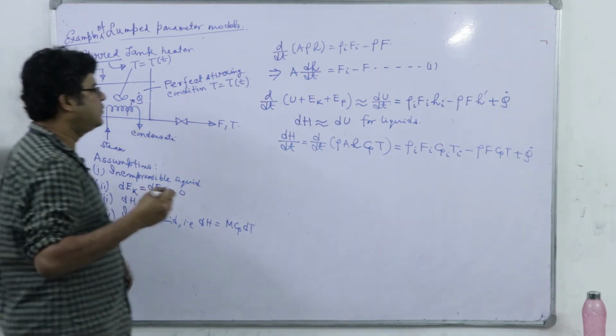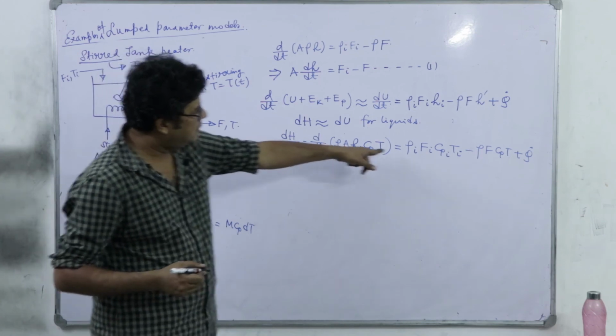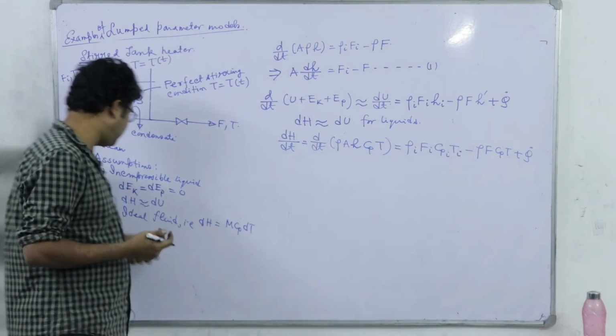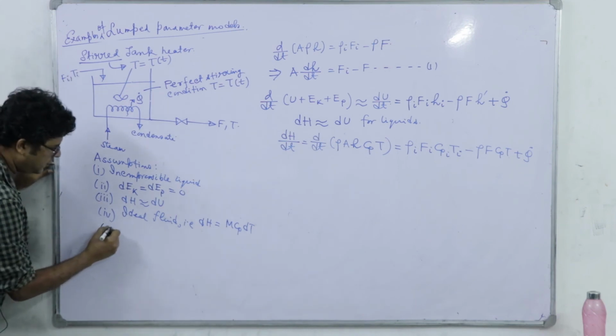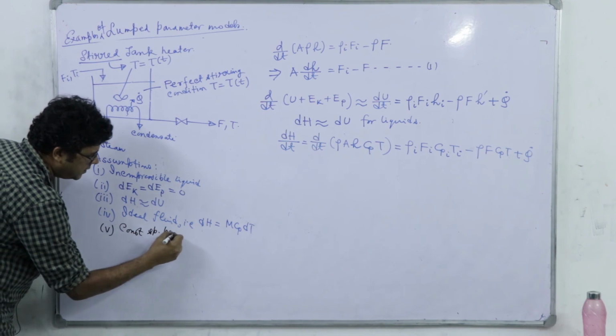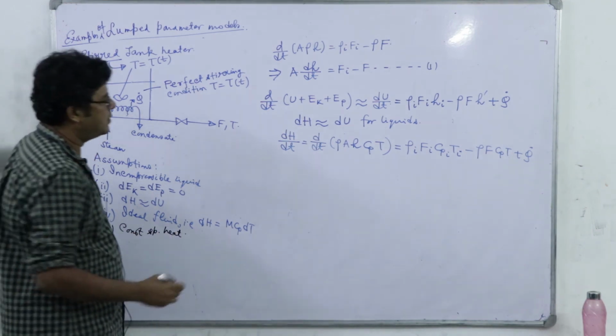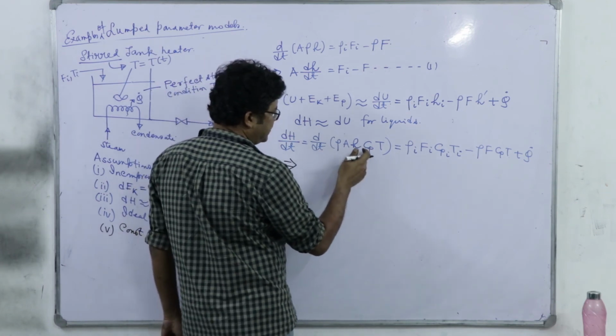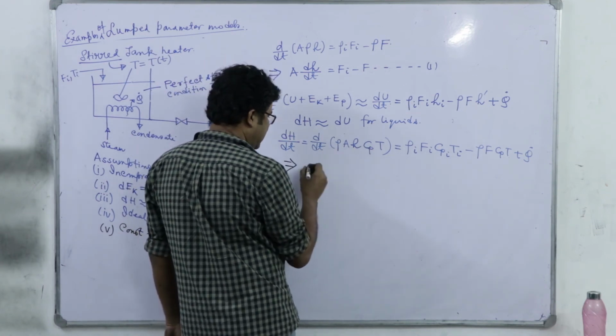So essentially you see that Cp and Cpi have practically insignificant variation, so we write constant specific heat. So we have now rho constant because of incompressible flow, Cp constant, area constant.